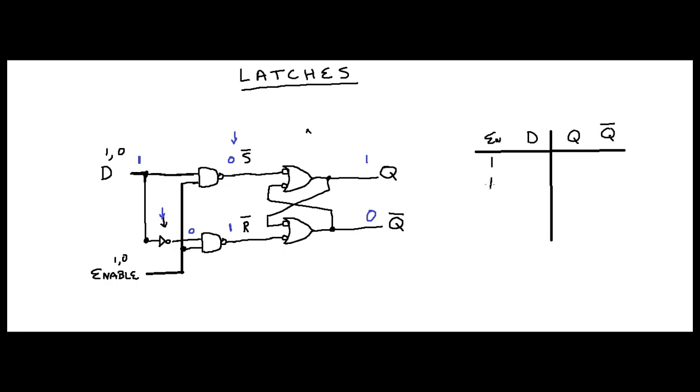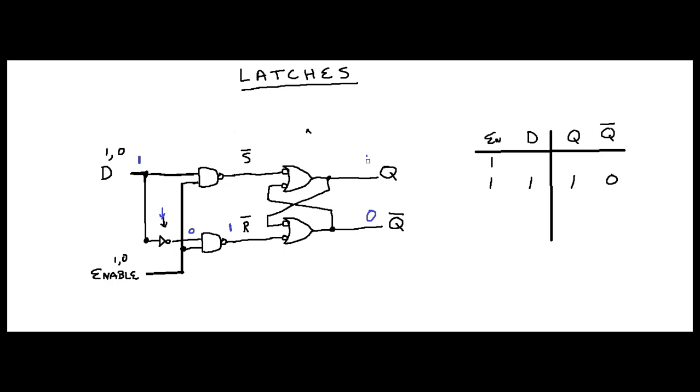We're going to do another case. Actually, we started with D equals 1, didn't we? So let's just do it in order. So when D is equal to 1, we just said Q is equal to 1 and Q bar is equal to 0, right? Now, let's change this, shall we?